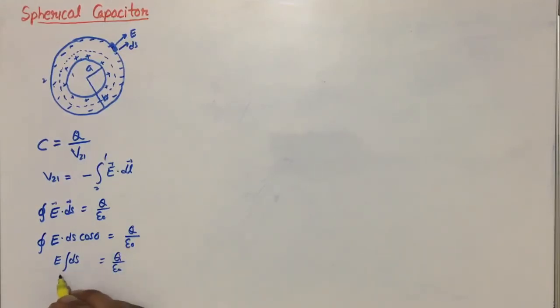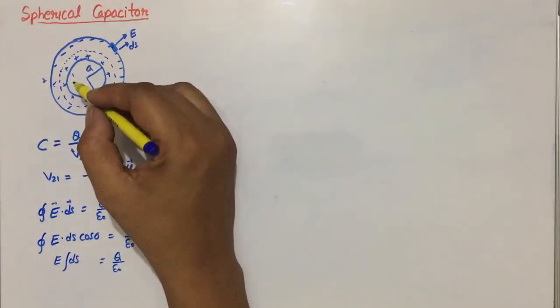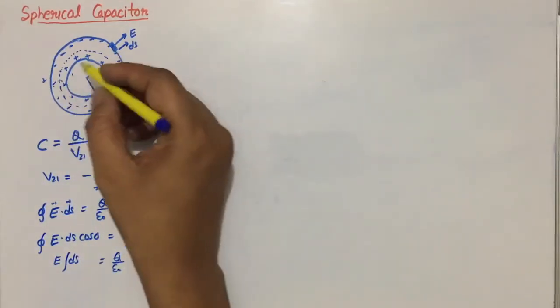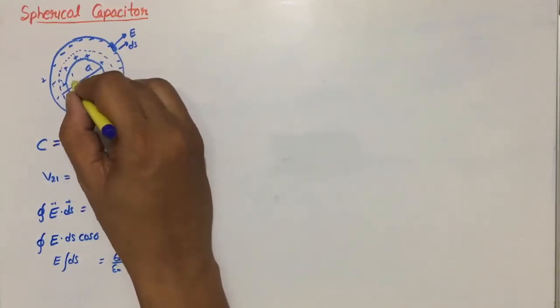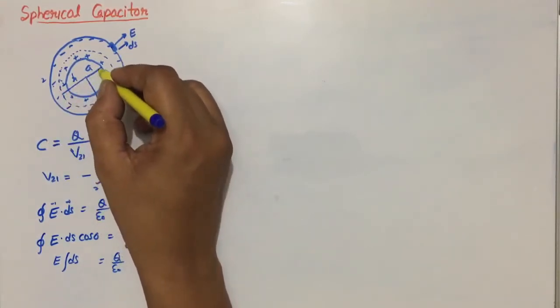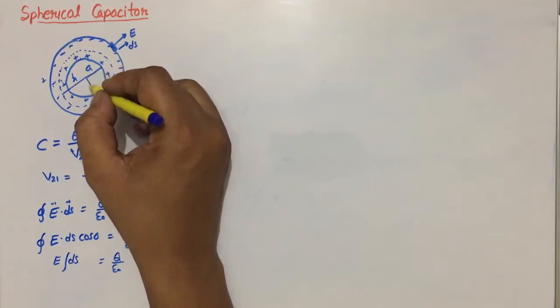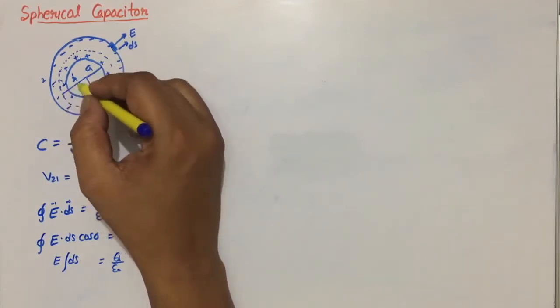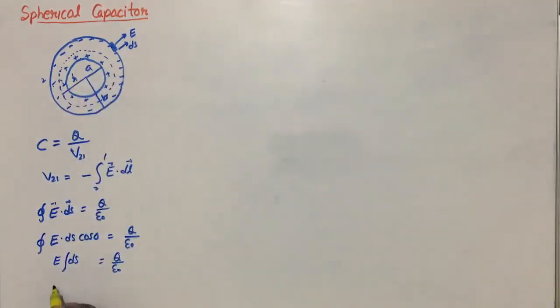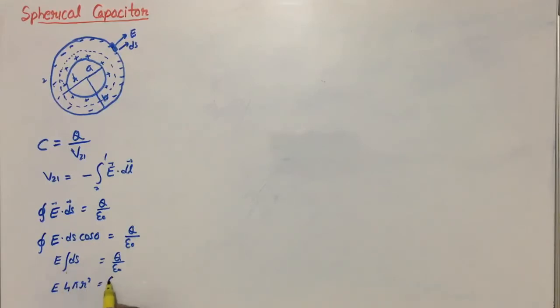This integral is for any Gaussian surface that is at a distance of r from the center. The inner sphere has radius a, outer has b, the Gaussian surface has r. So from there we can see E times 4 pi r square is equal to q by epsilon naught.